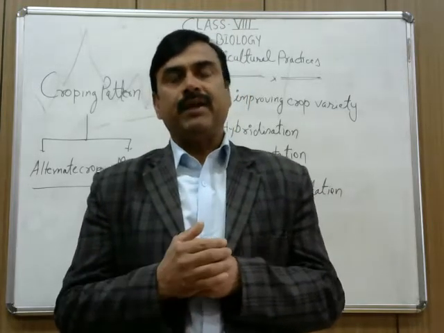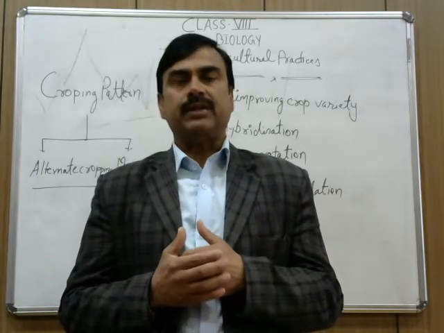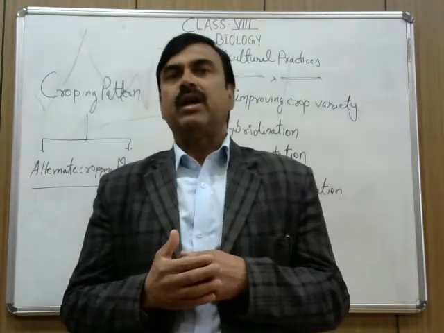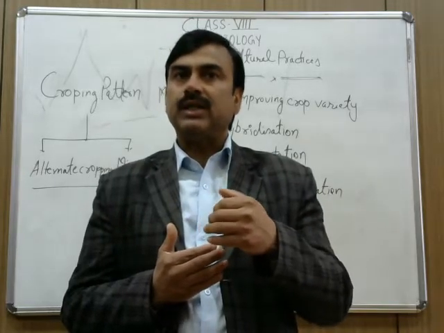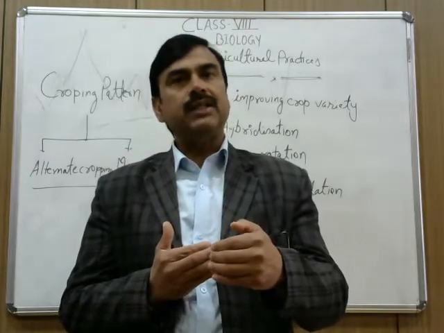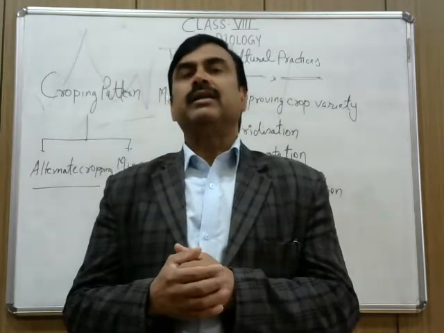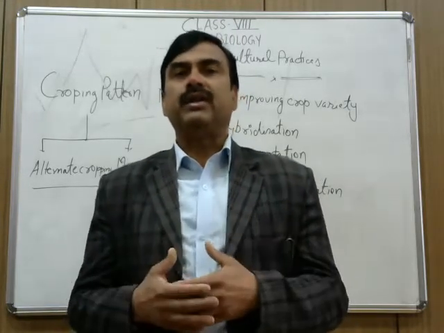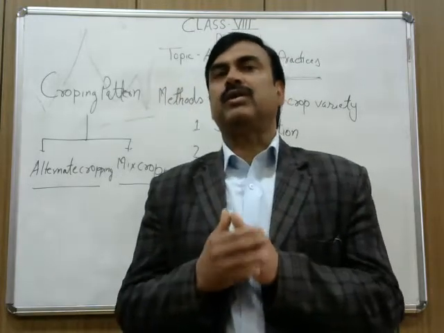In that segment, for improving crop variety, in this chapter, crop production, we must follow the instructions, we must follow the latest technology in the agriculture field. You must be knowing that we are adopting different methodology for improving our crop.